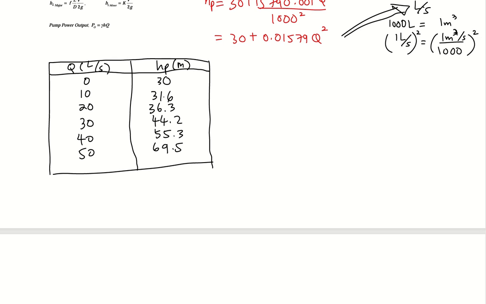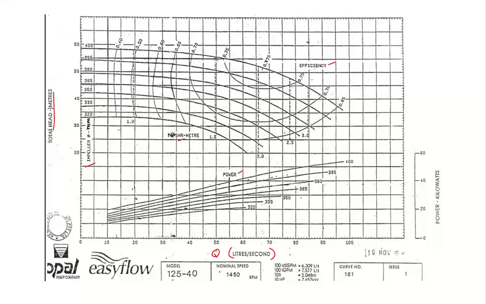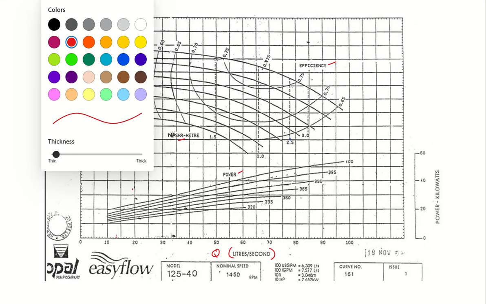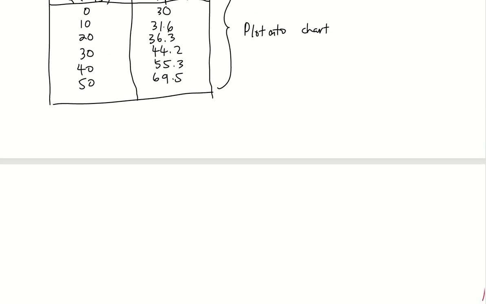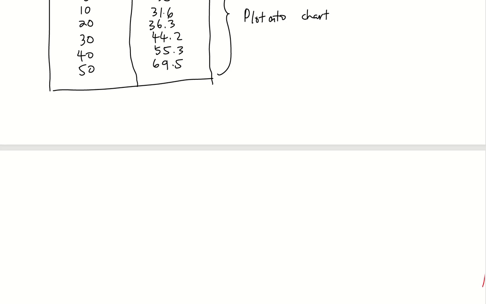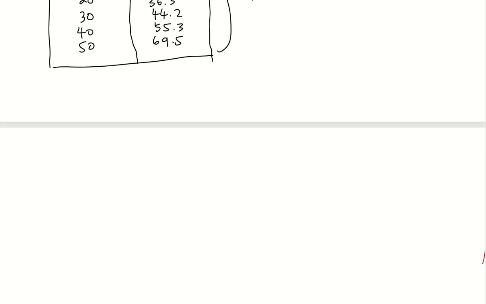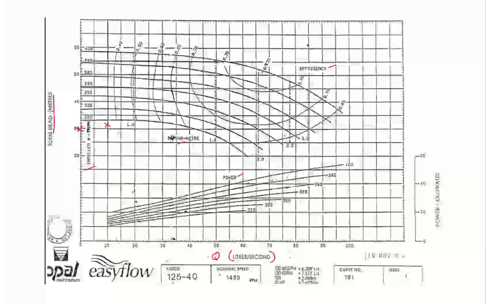So I plot these points onto the chart. So just now 0, 30, and then 10, 31.6, and then 20, not 33, it should be 36.3. So 36 is somewhere here.